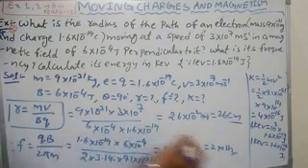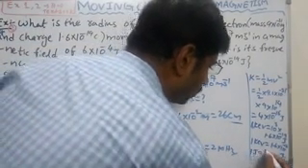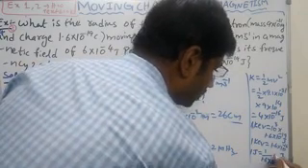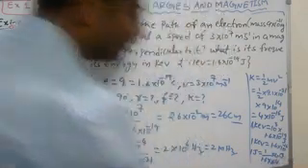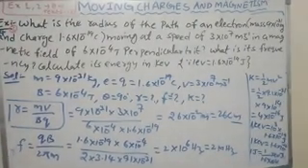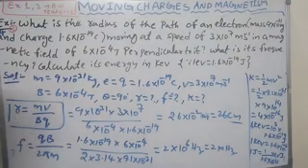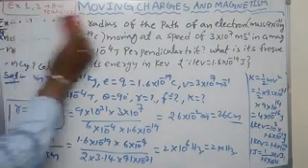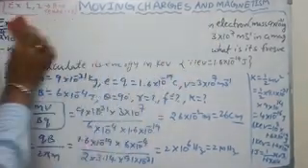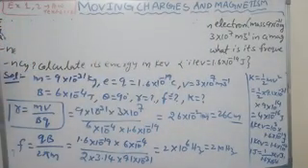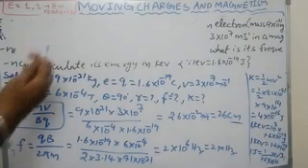From this we will get 1 joule is equal to 1 by 1.6 into 10 power minus 16 kilo electron volt. Correct? Right? Then, if you know the 1 joule value in kilo electron volt, we know the kinetic energy we got.